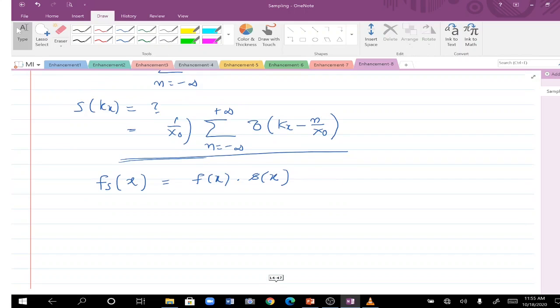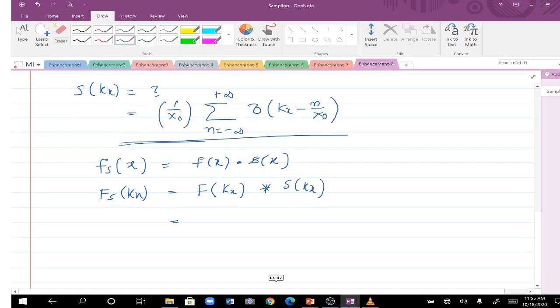Now you would like to look at it in the Fourier domain. Fs of kx would be equivalent to, since multiplication in the spatial domain is equal to convolution there, capital F of kx convolved with capital S of kx. Is it not?